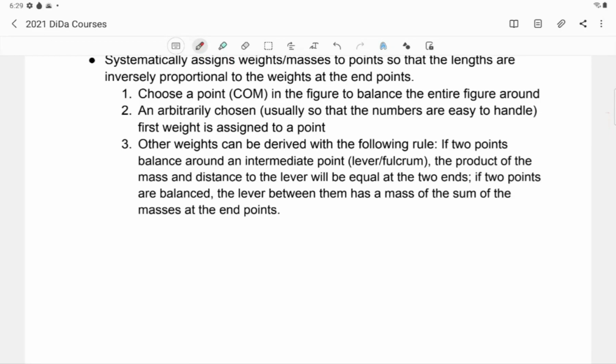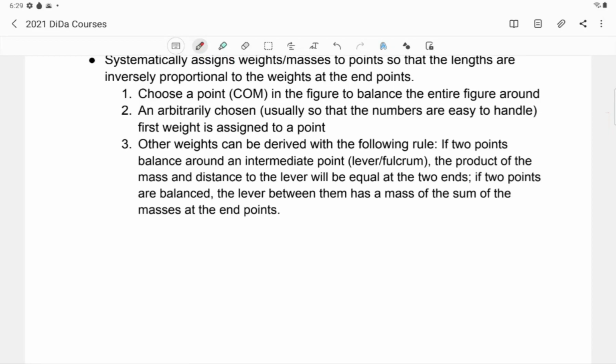That number is up to you, but usually it's chosen so that the computations down the road are easier. After that, all other weights are derived from the balancing rule, okay?